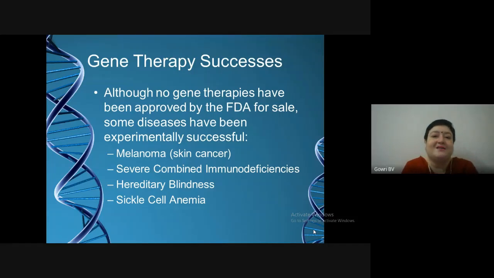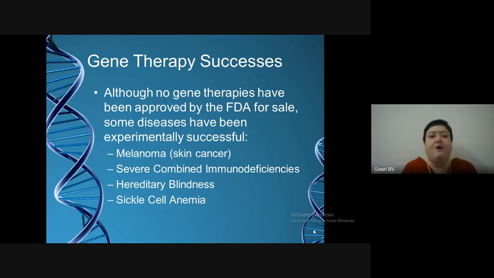What are the success rates till now for gene therapy? Gene therapy is not exactly approved by the Food and Drug Administration for sale. Even then, some diseases have been experimentally successful. A few examples of success are melanoma, that is skin cancer, severe combined immunodeficiency, hereditary blindness, and of course sickle cell anemia.